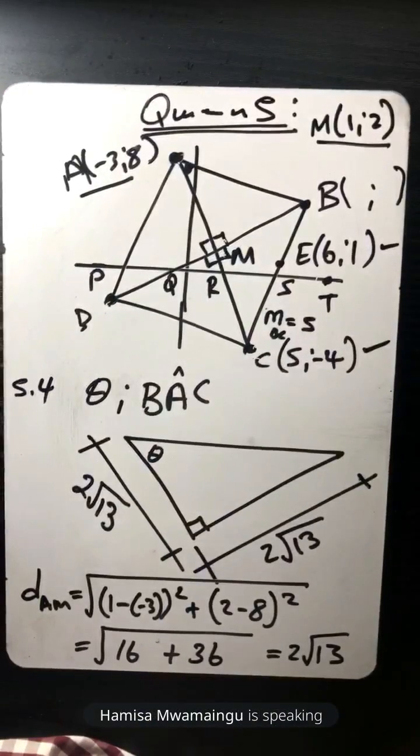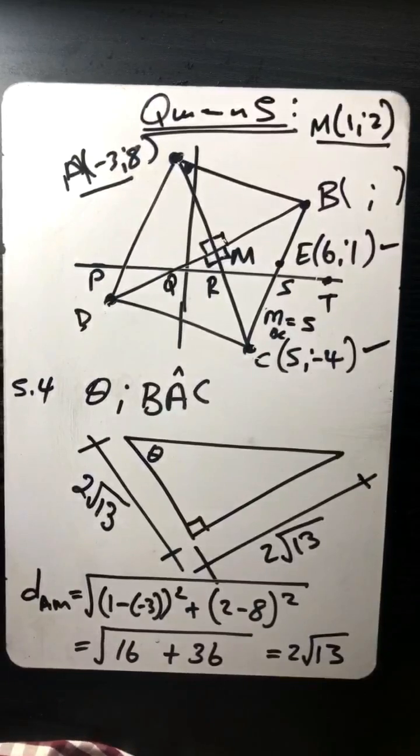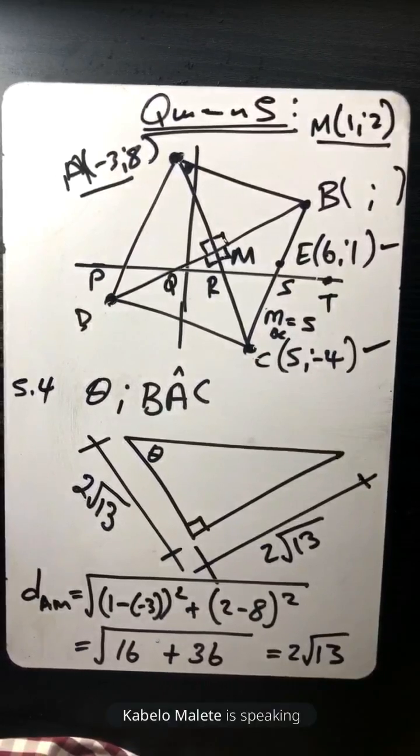Sir, can I please talk? Yes. A rhombus has four equal sides, and the diagonals meet at a 90 degree angle.